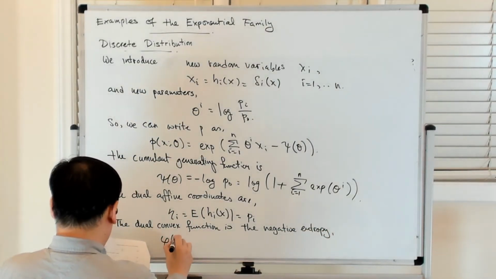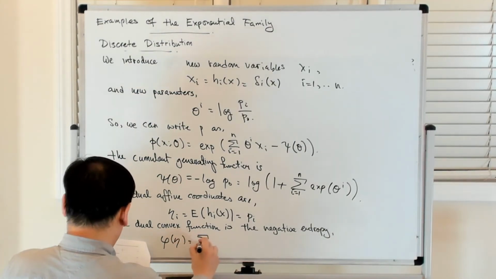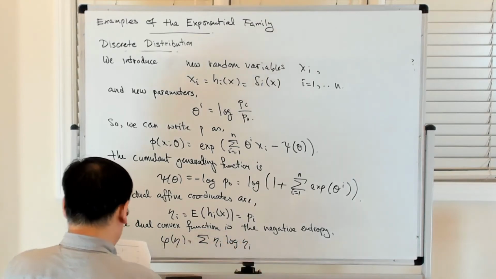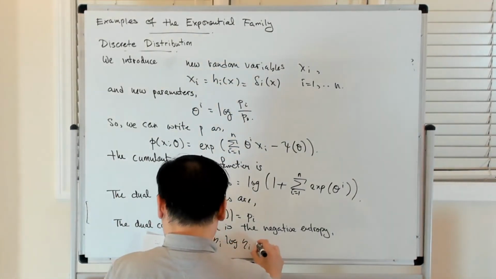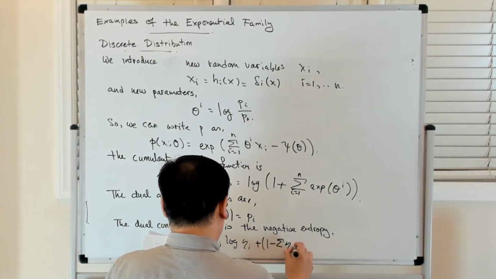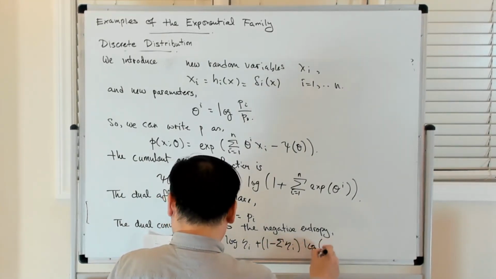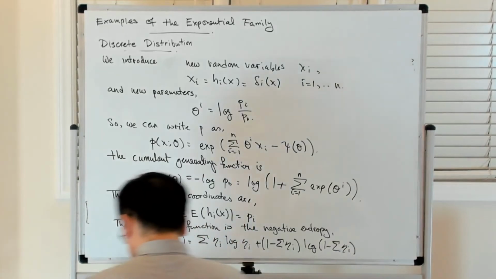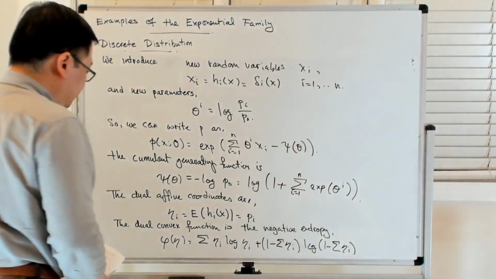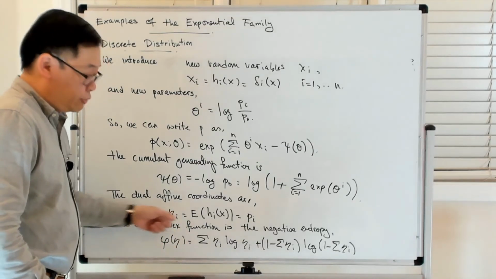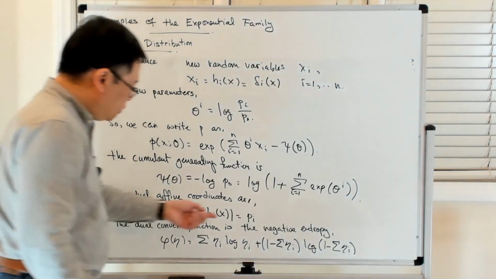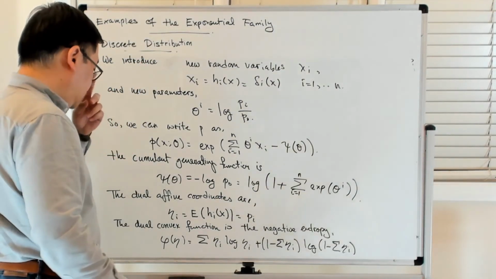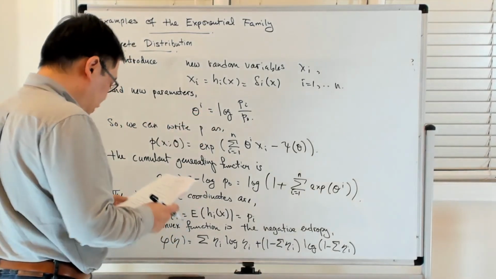So psi of eta is the sum of eta i log eta i plus 1 minus sum eta i log 1 minus sum eta i. And then the point is that if you use this dual convex function and take the Legendre transform, you map back from the pi's to the original set of affine coordinates, which are log pi divided by p0.